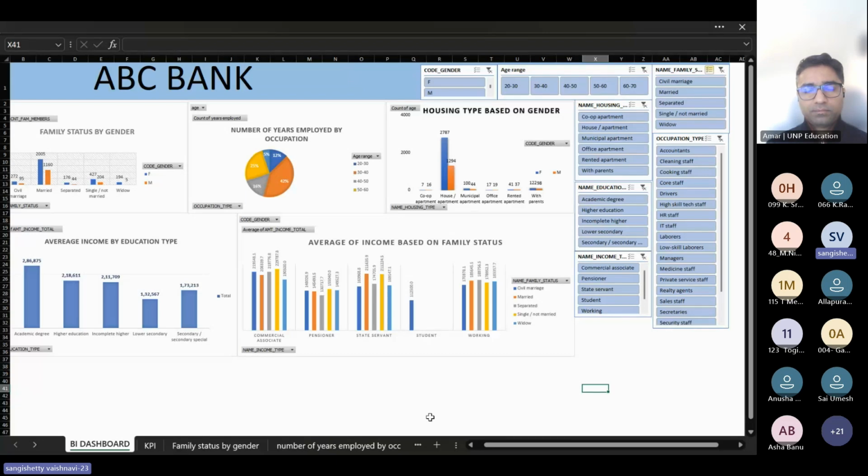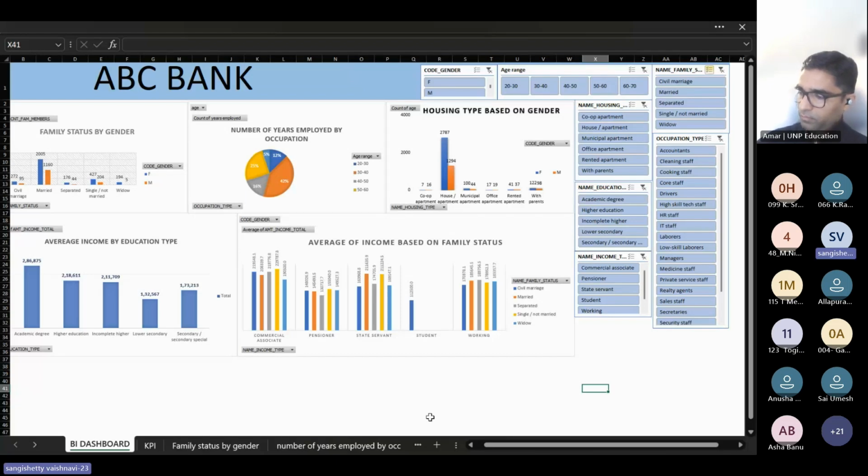In office apartments, the total is 36. Rented apartment is a total of 78 individuals, which consists of 41 female and 37 male. And lastly, the individuals living with their parents are 220, with 122 females and 98 males.